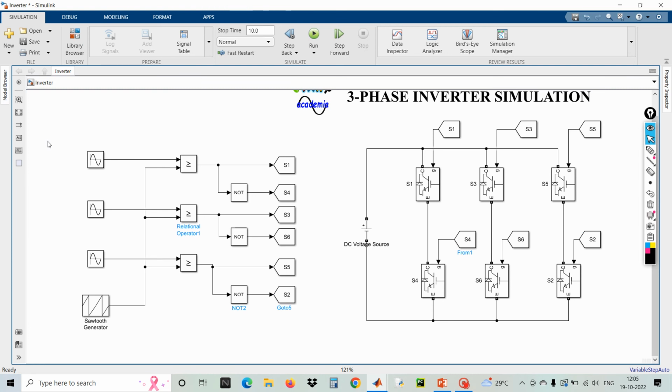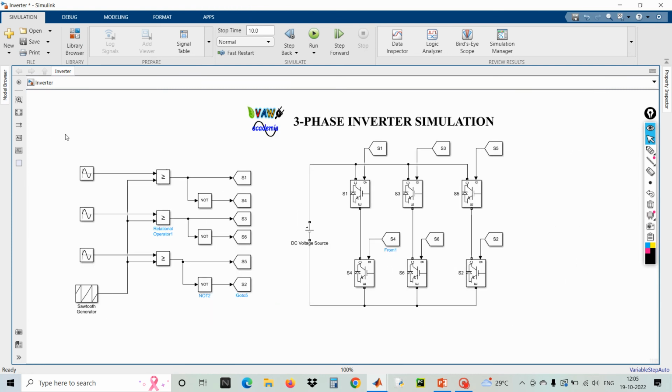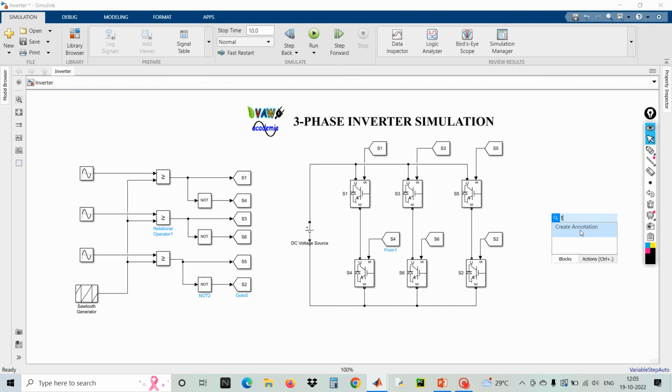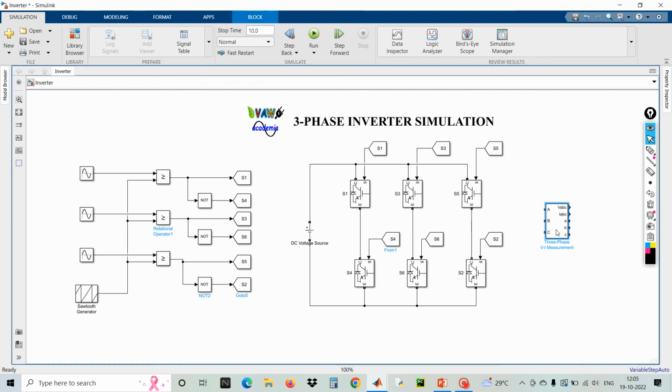Now if you want to measure the output, you can take the three-phase output from each leg. If you want to measure either three-phase current or voltage, I need a three-phase VI measurement block. This is nothing but the three-phase VI measurement.